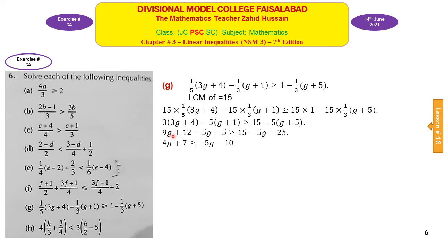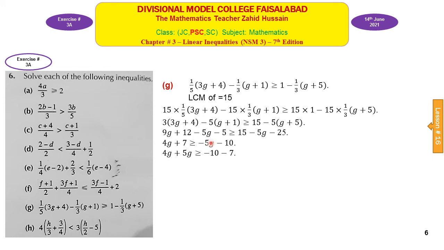5g plus 7 on left hand side. 9g minus 5g is 4g plus 7 greater than or equal to minus 5g, and 15 minus 25 is minus 10. 4g plus 5g, this is minus 5g.